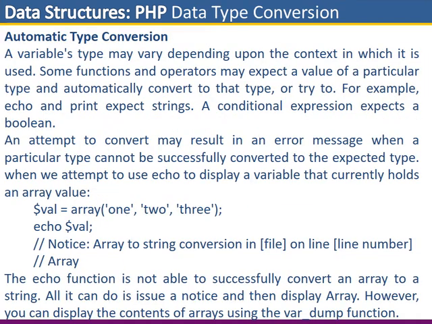Now let's look at automatic type conversion. A variable's type may vary depending upon the context in which it is used. Some functions and operators expect a value of a particular type and automatically convert to that type, or try to.